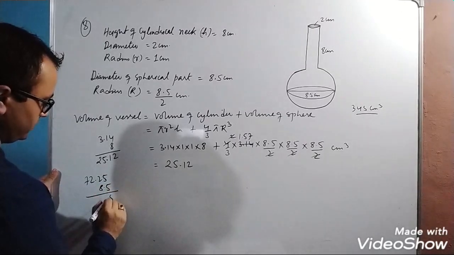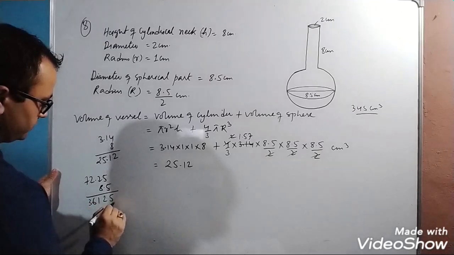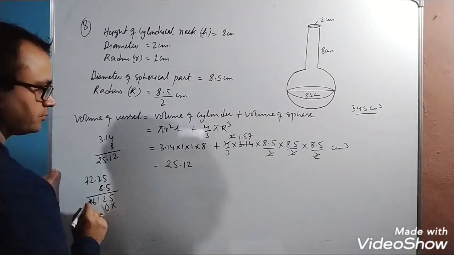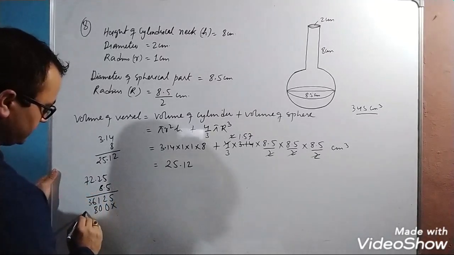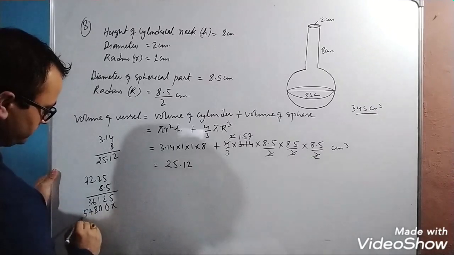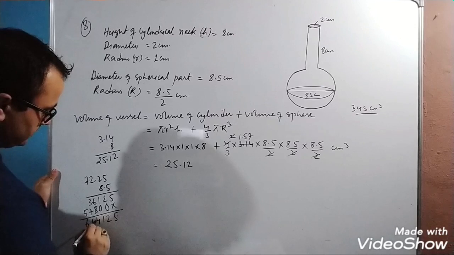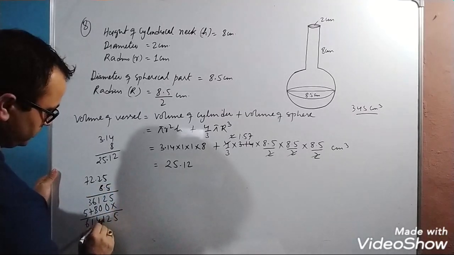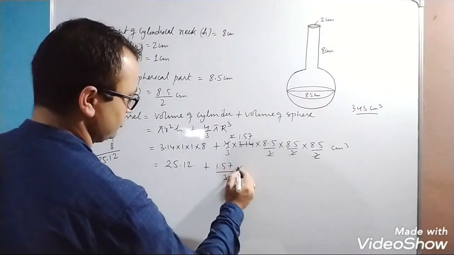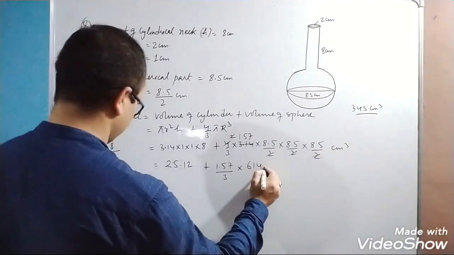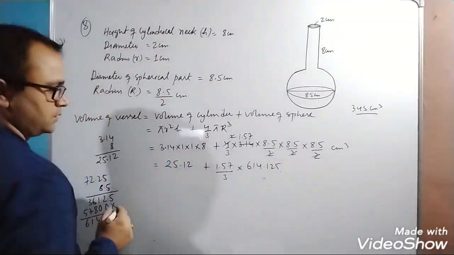Multiplying 72.25 by 8.5 gives 614.125, plus 1.57 by 3 into 614.125 centimeter cube.